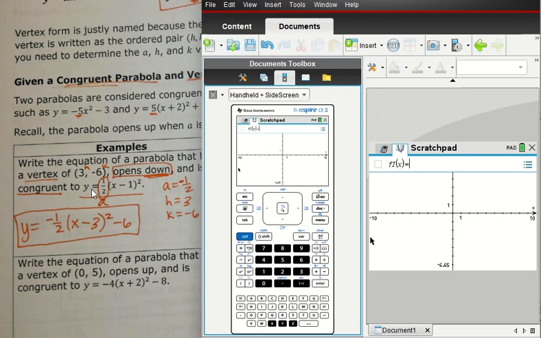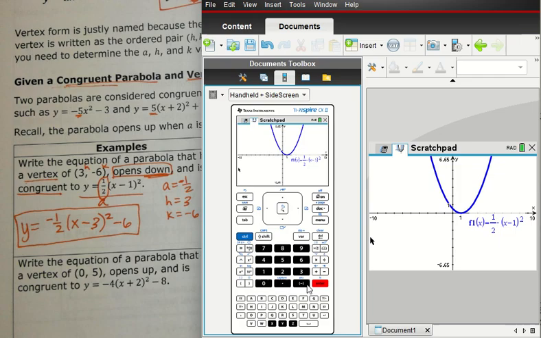I'm going to first graph the other equation, 1/2 times x minus 1, and that's that one.